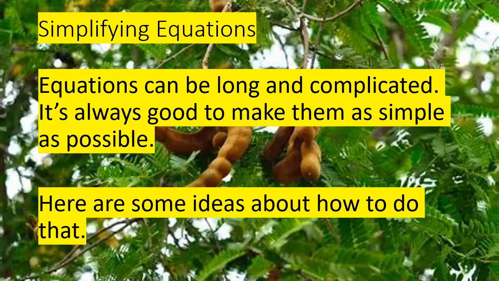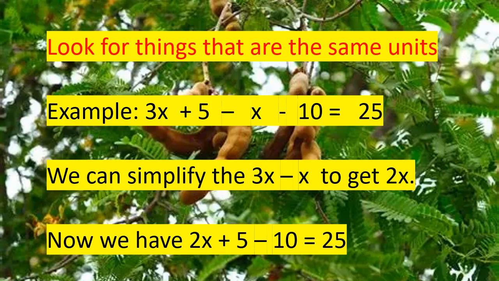Next one. No, not the next one. Okay, so let's look at simplifying equations. Equations can be long and complicated, and it's always good to make them as simple as possible. So here's some ideas about how to do that. Firstly, look for things that are the same units. So for example, 3x plus 5 minus x minus 10 equals 25.